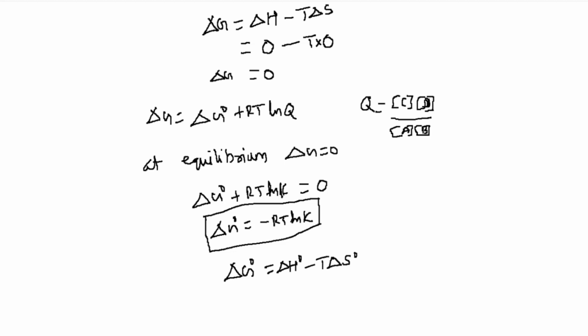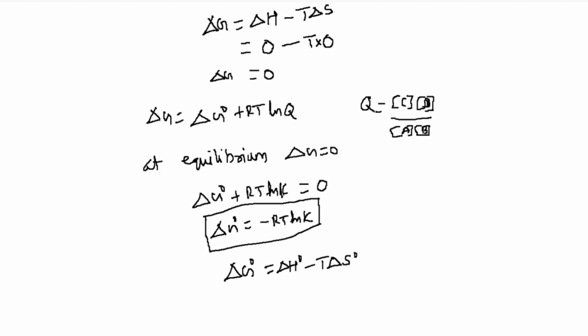So like delta G is equal to delta H minus T delta S, delta G naught is also equal to delta H naught minus T delta S naught. What is delta H naught? Standard enthalpy change. Delta S naught is standard entropy change. So delta G naught is related to the standard enthalpy change of the reaction and the standard entropy change of the reaction by this expression.